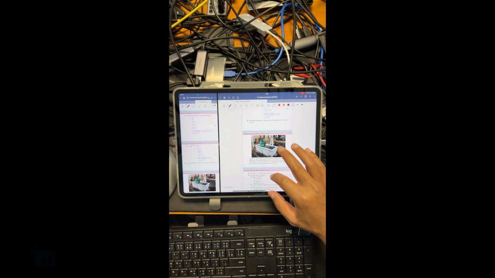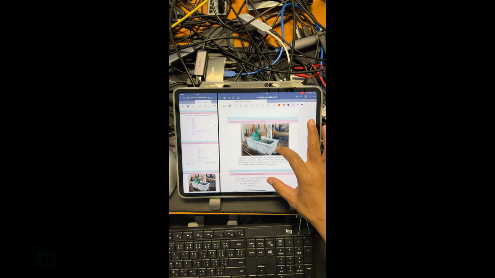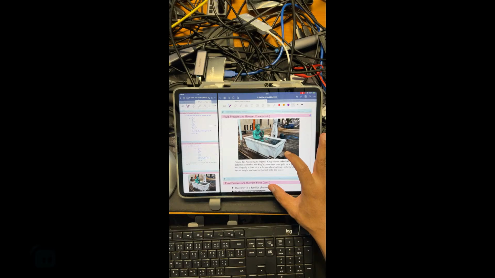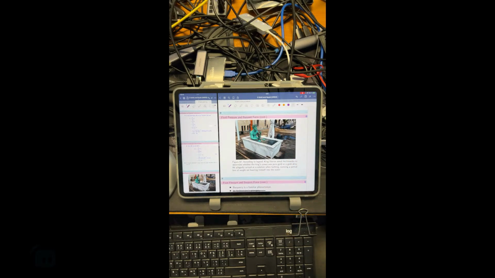Now let's move to the next topic, which is Buoyant Force.